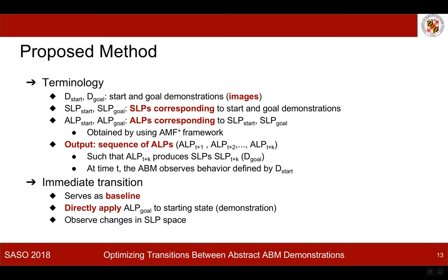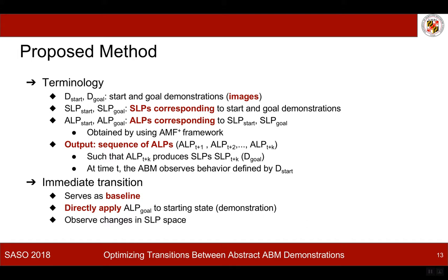Our proposed methods make use of a number of shared terminology. First, we have D start and D goal. These are the demonstration images, both the start and the goal image. We have SLP start and SLP goal. SLP start is referring to the swarm level parameters that correspond to the starting image.